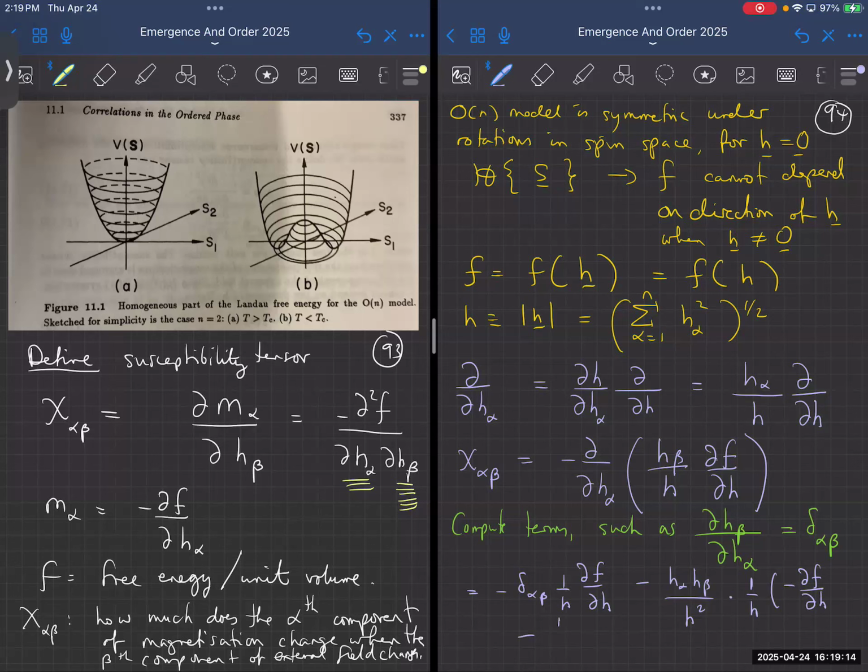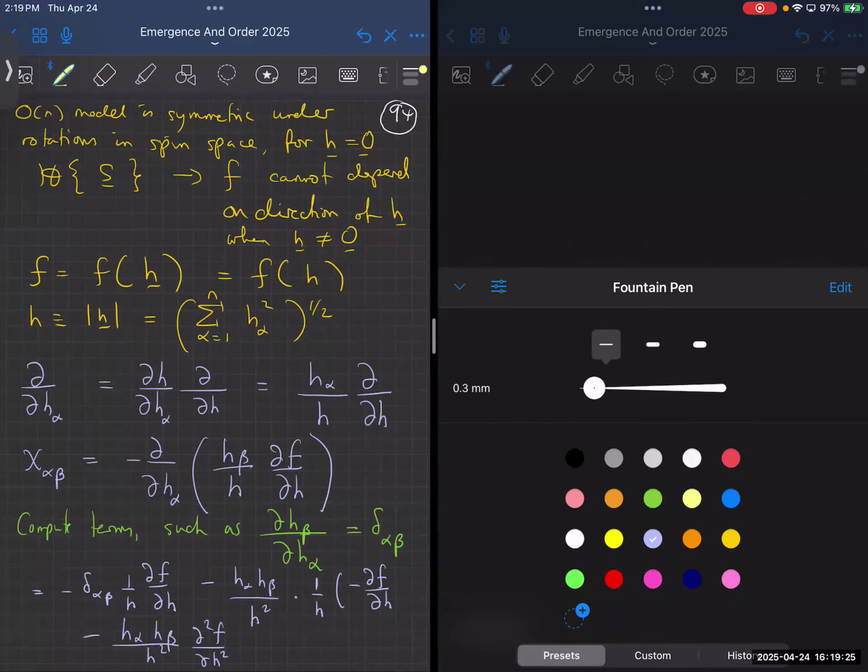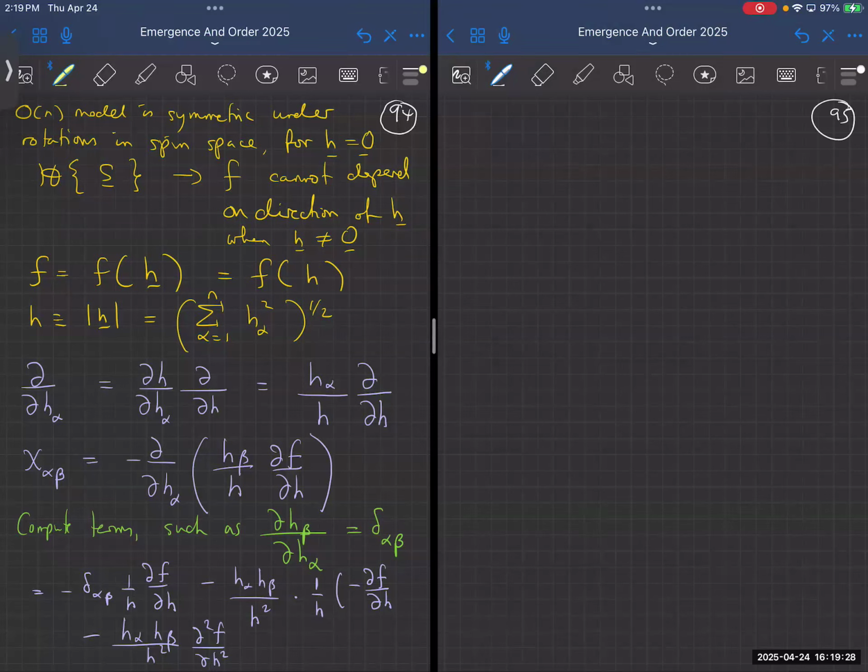And then I have a term minus h alpha h beta over h squared d2f by dh squared. Now let's put those together. So now what I get is minus h alpha h beta over h squared d2f by dh squared minus 1 over h df by dh times delta alpha beta minus h alpha h beta over h squared.